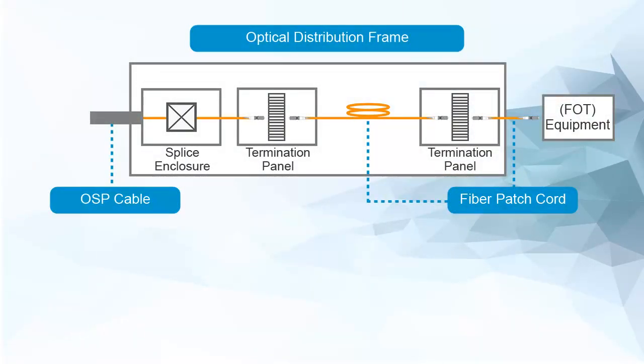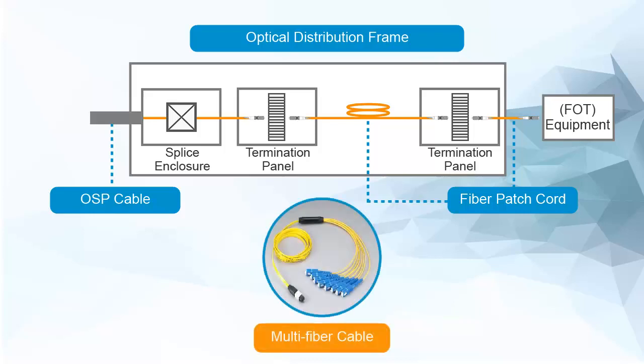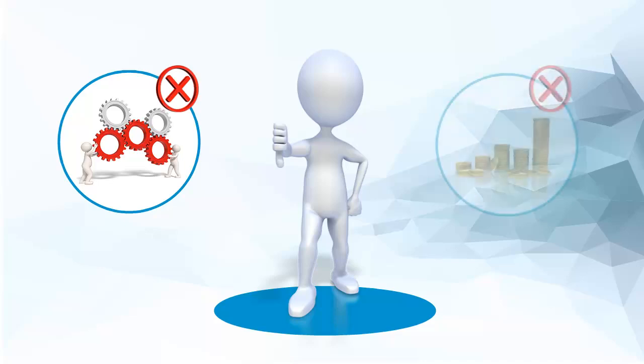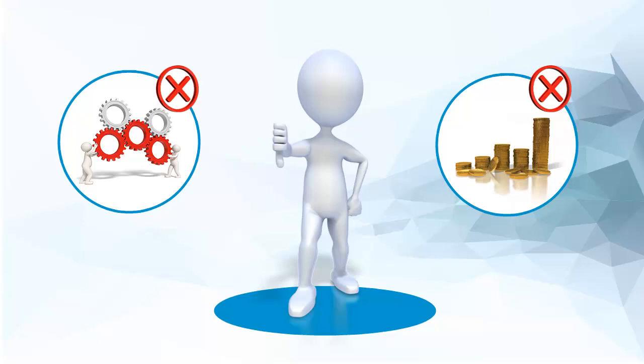Using a cross-connect architecture also allows multi-fiber cables to be routed between the FOT and ODF, as this can not only reduce the total amount of time required to install the fiber network, but also provides additional protection to the fibers being routed. There are, though, operational and economic disadvantages to using multi-fiber cables in both interconnect and cross-connect applications.